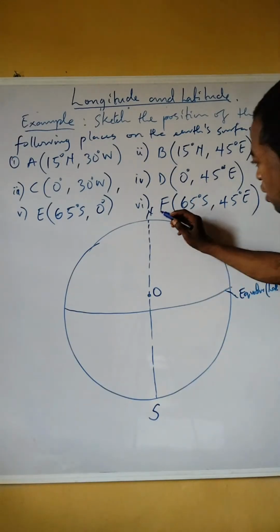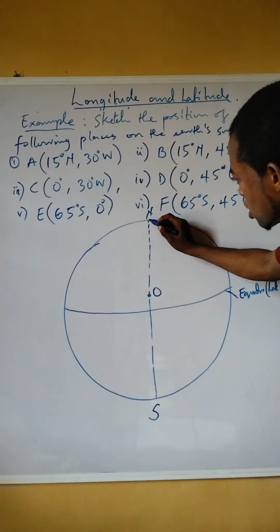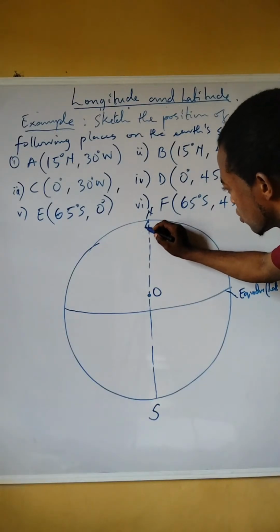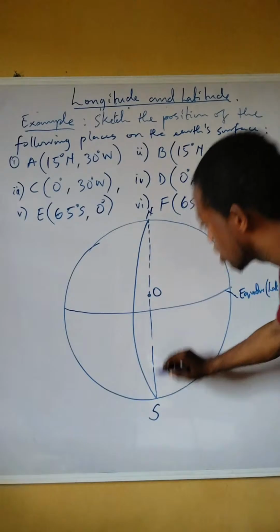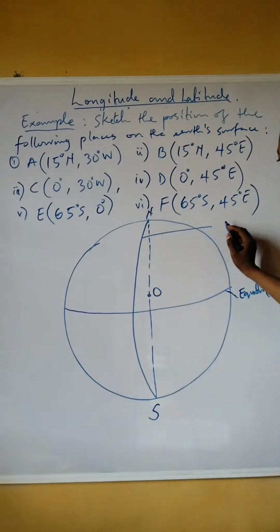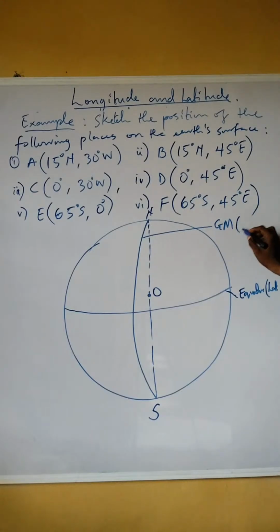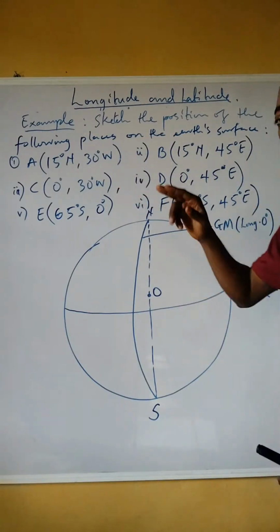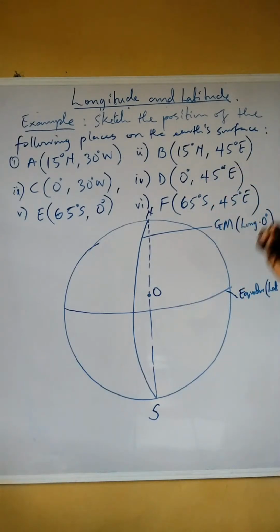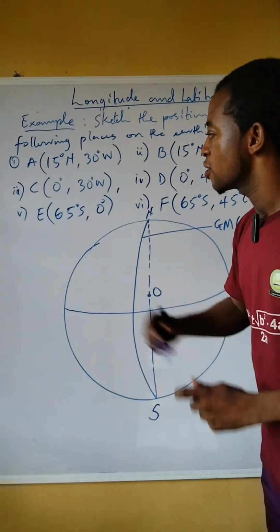Now, also we have something called Greenwich meridian, very close to the center as well. And this line we call Greenwich meridian, which is GM, and that is also longitude, longitude 0 degree, right?